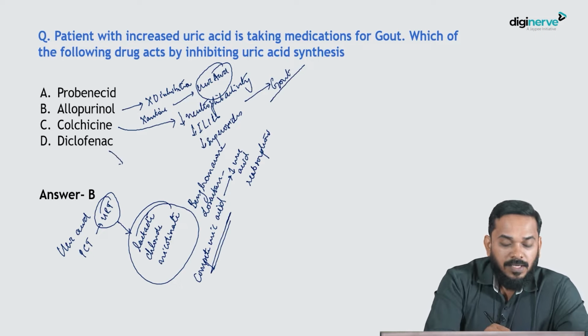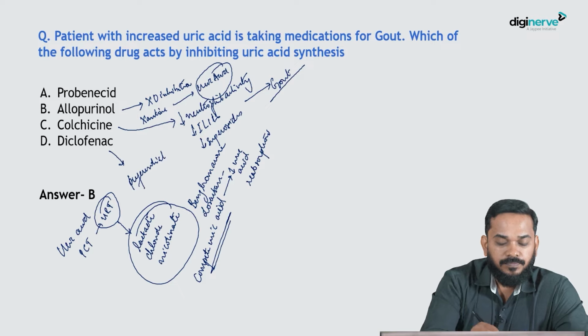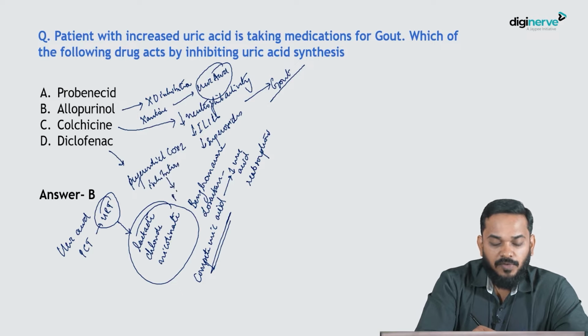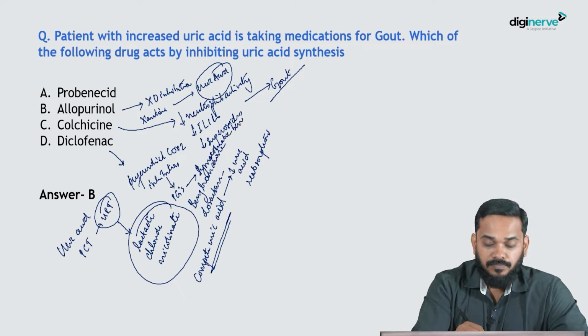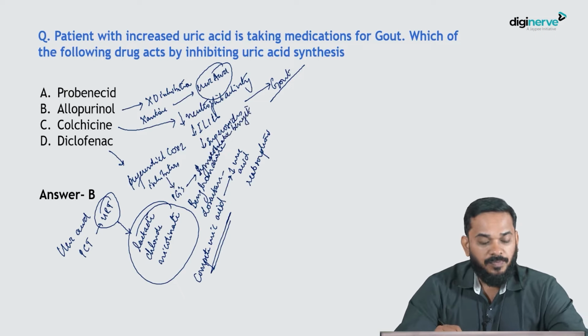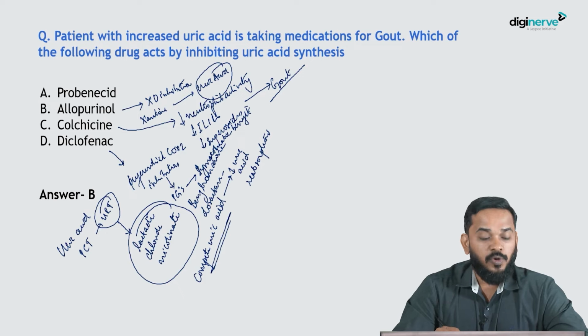Diclofenac is a preferential COX-2 inhibitor. It reduces the formation of prostaglandins, thereby providing symptomatic benefit. So the answer is allopurinol, which is a xanthine oxidase inhibitor.